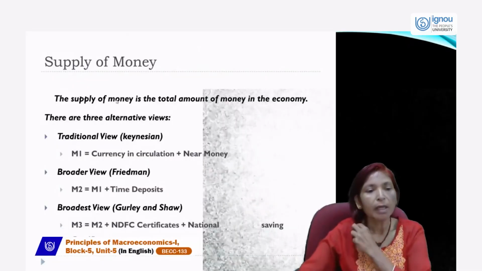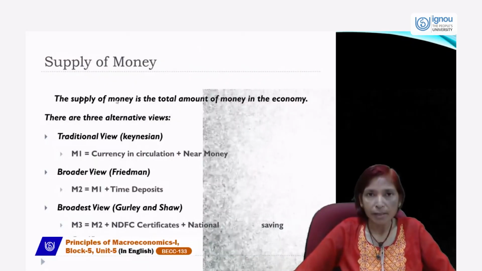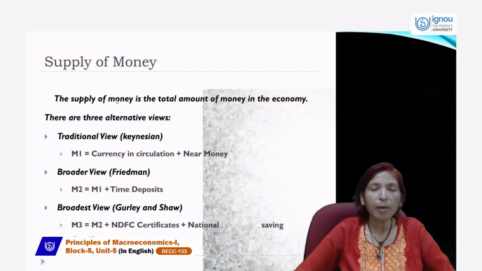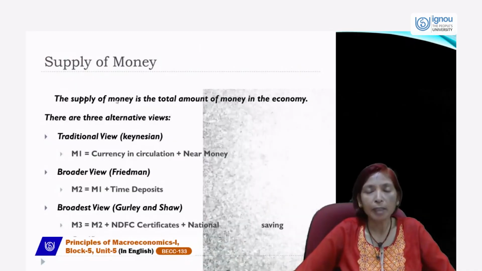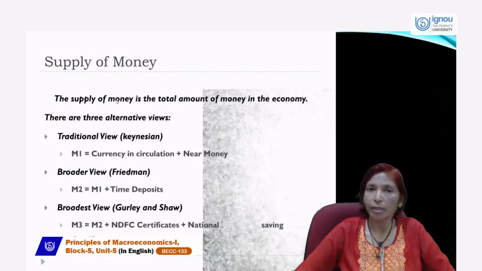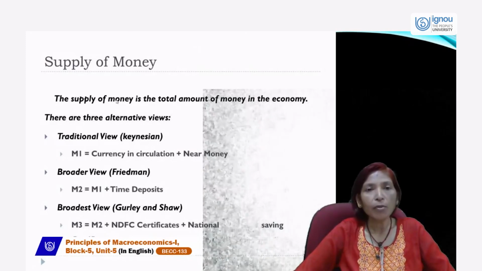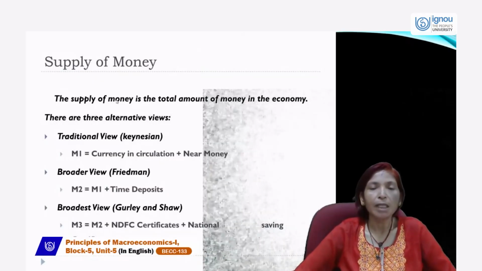In M2, we have M1 plus TD, where TD is time deposits. With the help of time deposits, commercial banks can create multiple money, or credit creation. So M2 or M3 gives the broader definition of money supply.